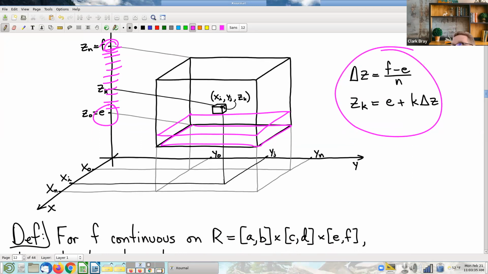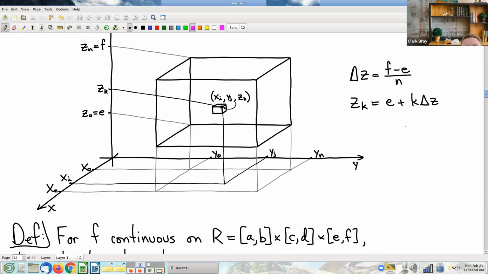Instead of slicing up from A to B or C to D, now it's from E to F. And so the original length of F minus E, we chop it up into N pieces, therefore of size F minus E over N. And each one is one delta Z further above the previous one. So morally equivalent formulas, highly analogous anyway.